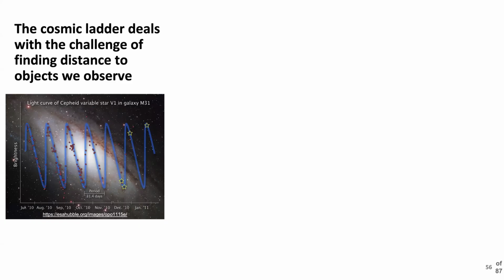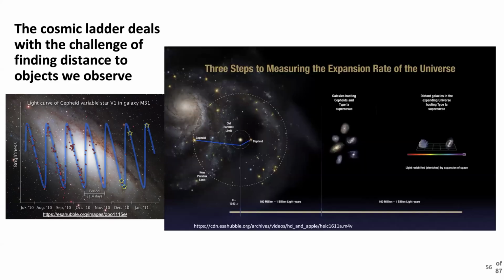And a pioneering astronomer, I'll introduce in a minute, figured out that if we had a way to measure the distance to the Cepheid variable stars near us in the Milky Way, then we could get a sense of how far away these Cepheid variables are in much more distant objects, like in distant galaxies. And in the early 20th century, that's what was accomplished.